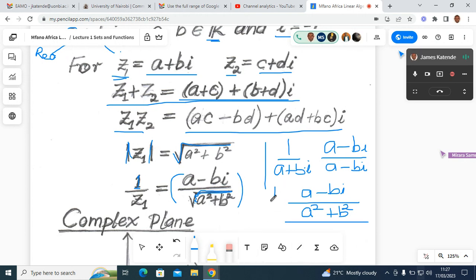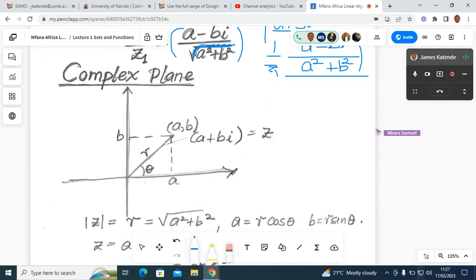So this is the same as 1 over the complex number z1, where z1 is this complex number a plus bi. So this square root needs to go. Strange. So there you are. This is a reciprocal.